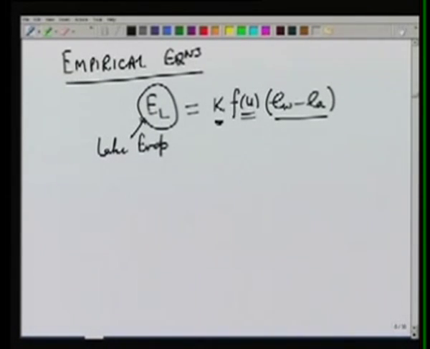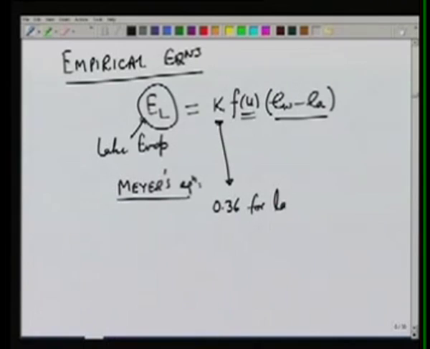Two very common empirical equations which have been used, one is known as the Meyer equation, which says that the value of K is around 0.36 for large and deep bodies, and it's about 0.5 for small shallow bodies.